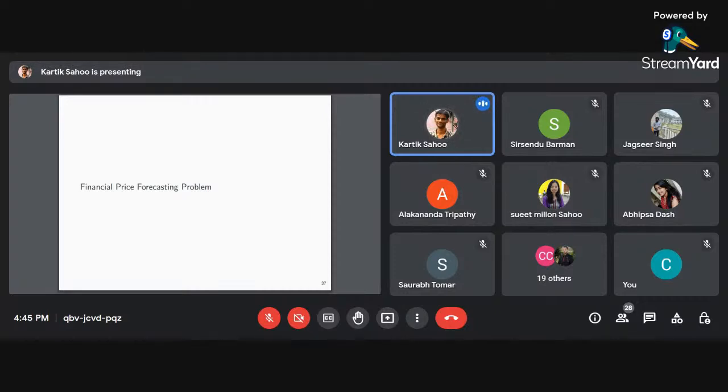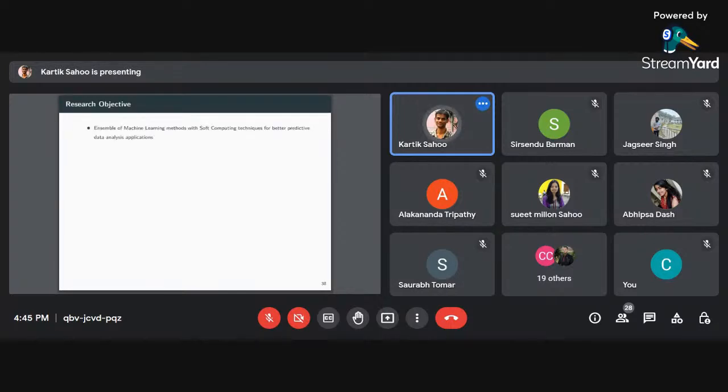Trading means doing it for the short term to gain money quickly, buying versus selling. The research objective of this talk is an ensemble of machine learning methods with soft computing techniques for predictive data analysis applications.